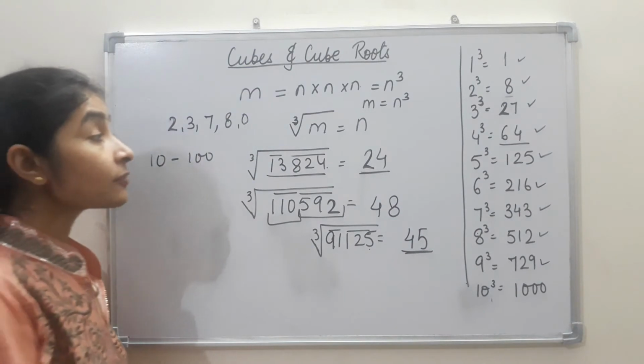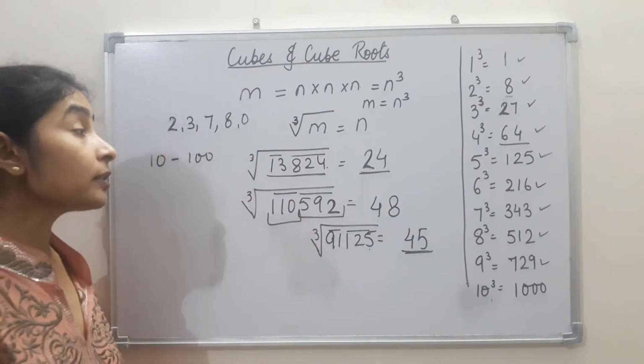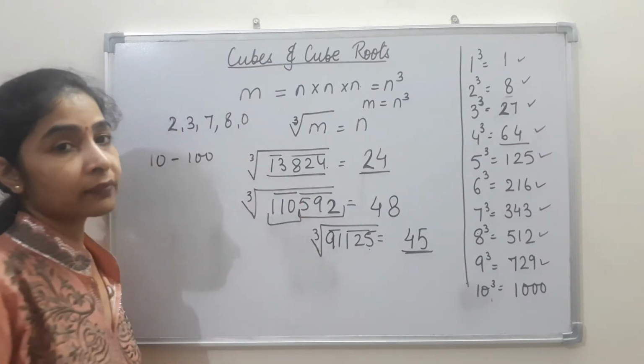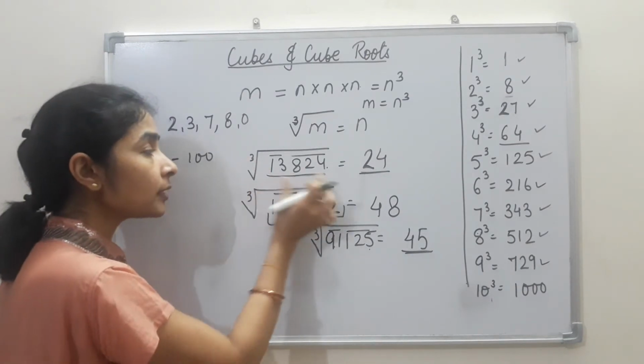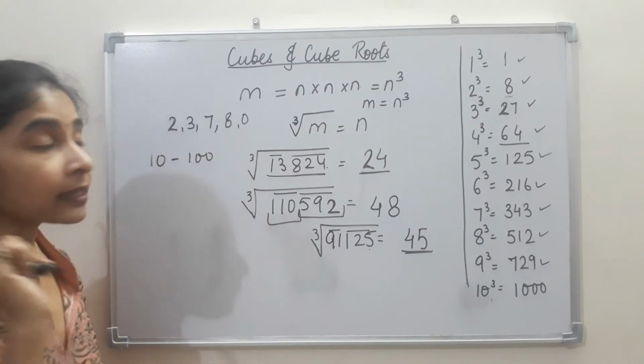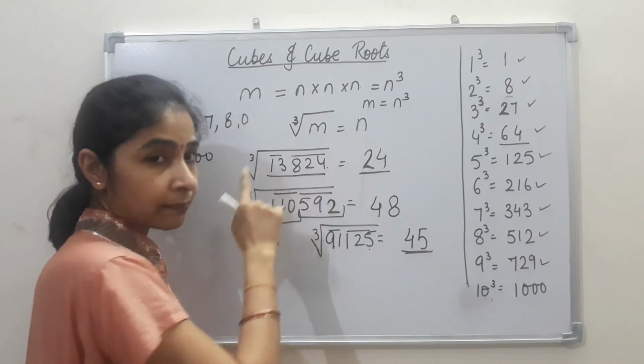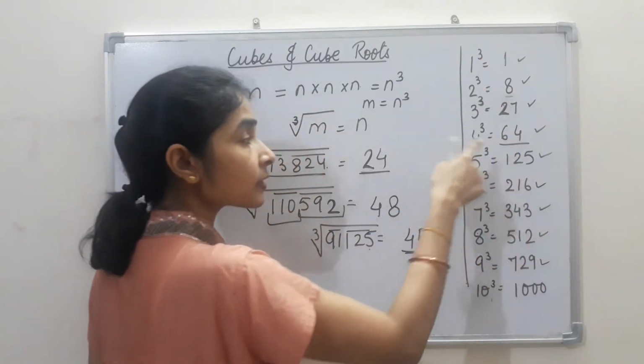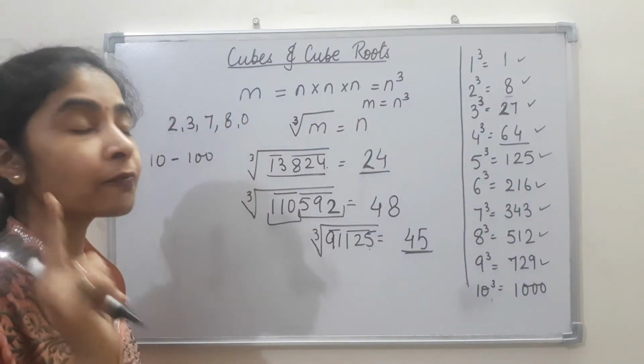So like this, without doing the actual calculation, we can estimate the cube root of the given number by grouping into threes and observing the last digit of the number. The last digit is 4. That means we have to find out that 4 comes in the ones place of the cube of which number.